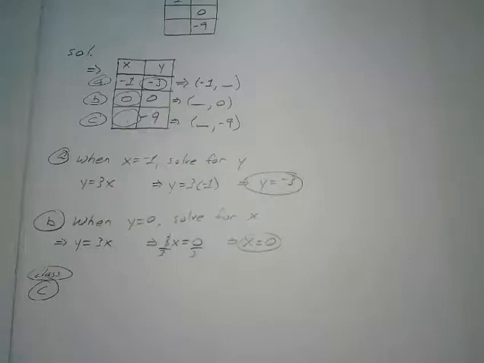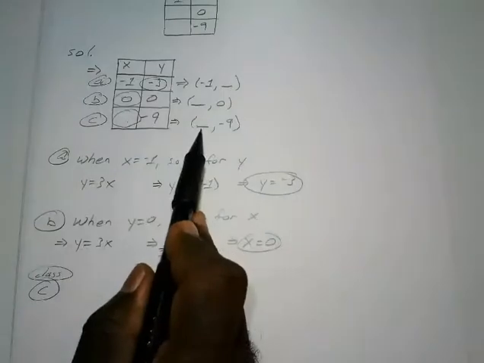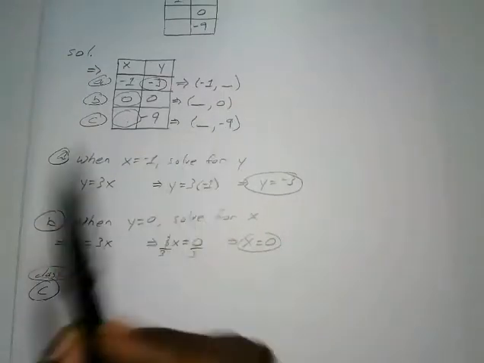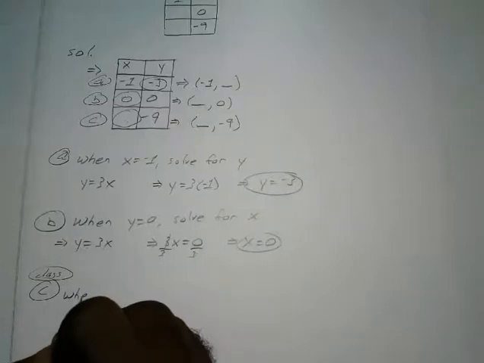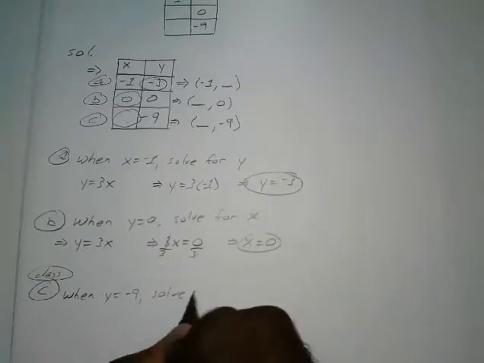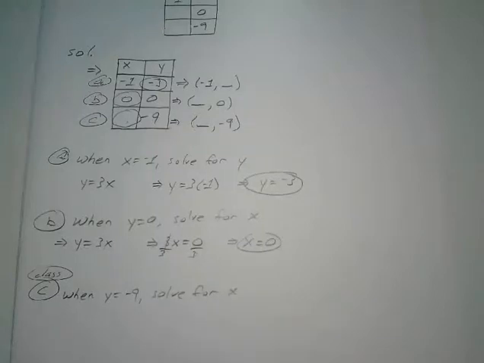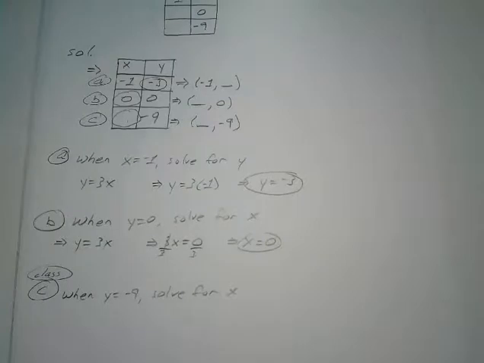All right, so I'm assuming you've pressed pause and you've solved C, which basically means that we don't know our x, but we know our -9. So C just means when y equals -9, solve for x. That's basically all that's telling you.